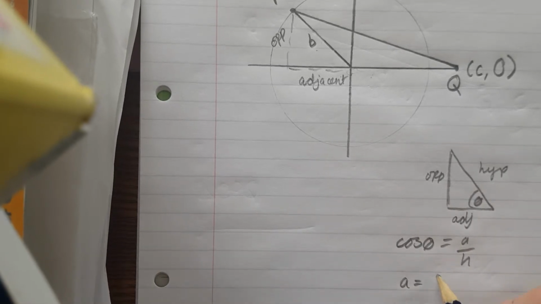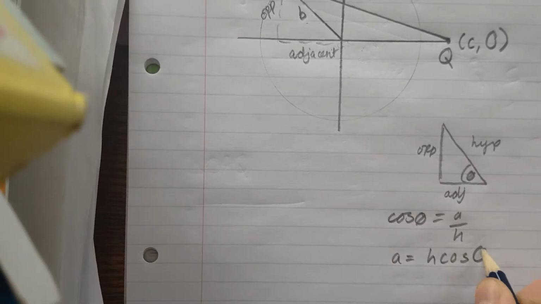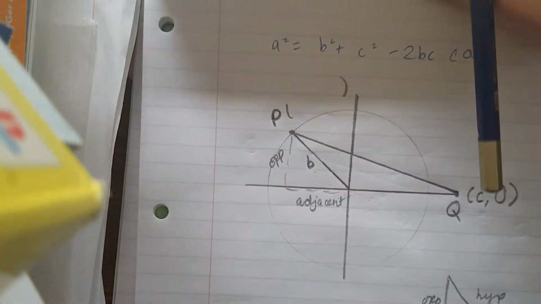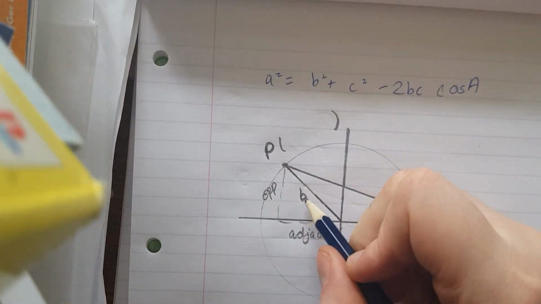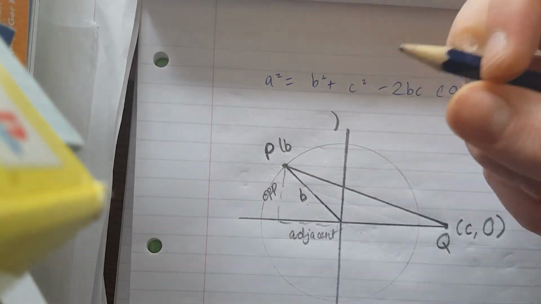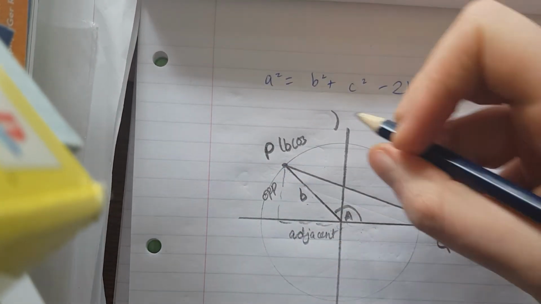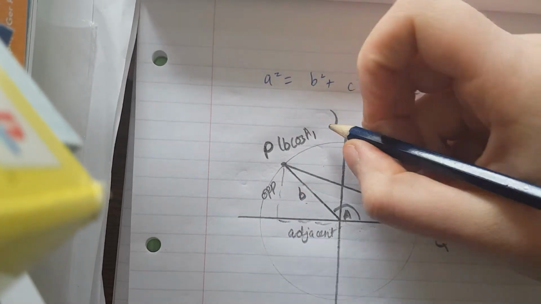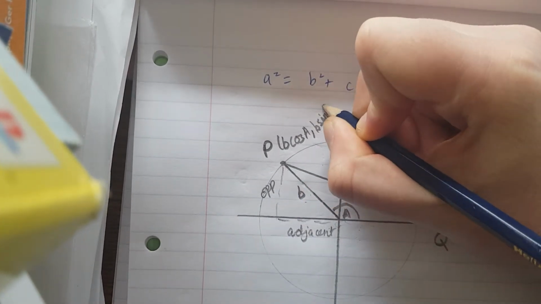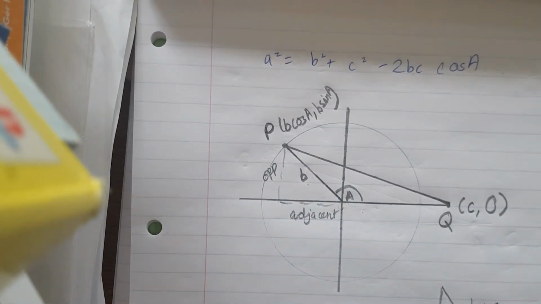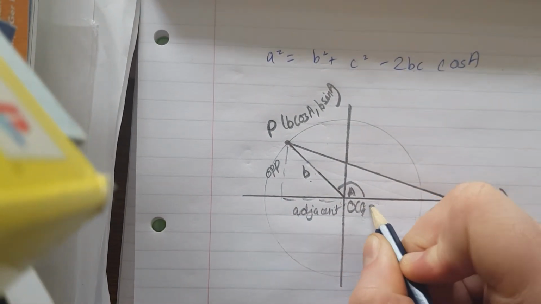So the adjacent would be equal to the hypotenuse by cos of the angle. Similarly, the opposite is equal to the hypotenuse by sin of the angle. So in this case, our adjacent is our x coordinate. So it's going to be the hypotenuse, which is B, by the cos of our angle. And we're going to call this angle A. And then B sin A. So that's the coordinates of P. And this, our center, is (0, 0).